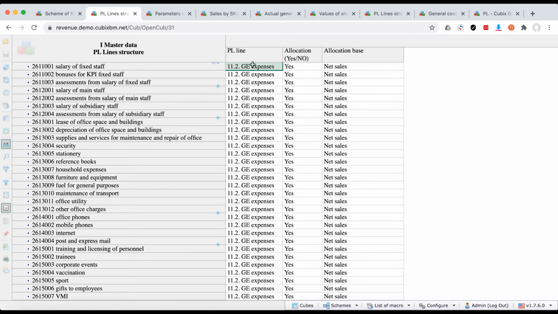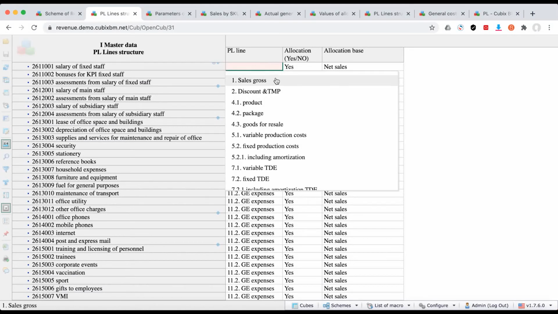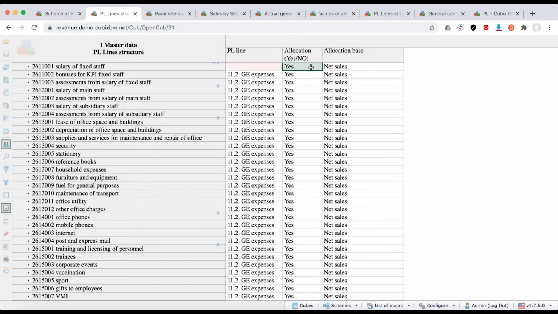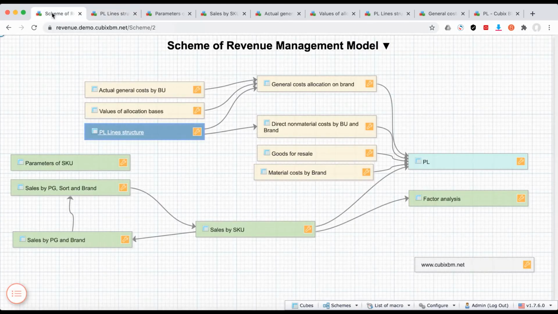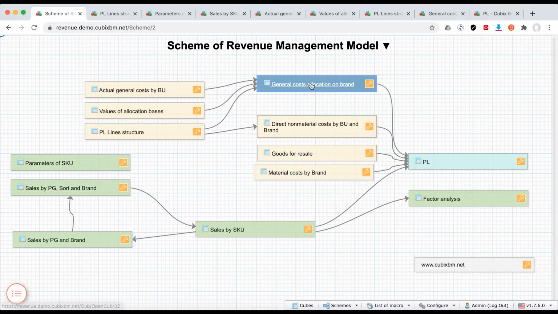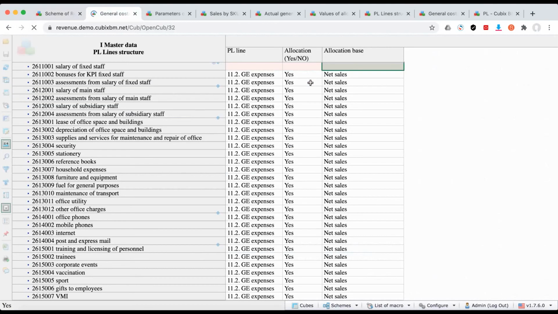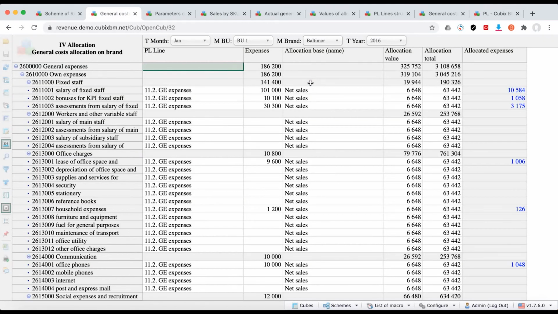For example, for each line of the directory, we can choose any account of profit and loss, say if we need allocation or not, and choose an allocation base.